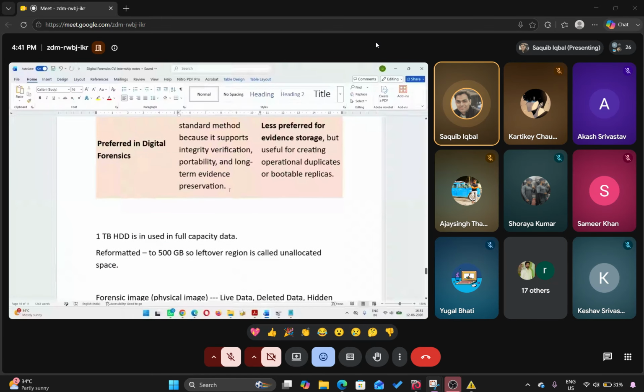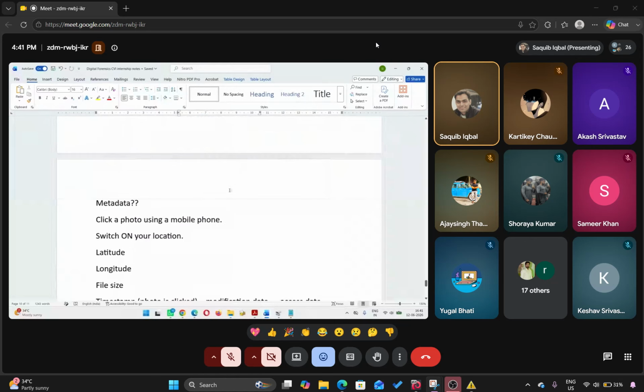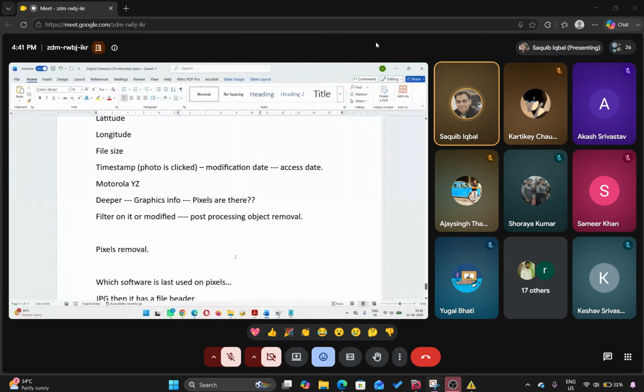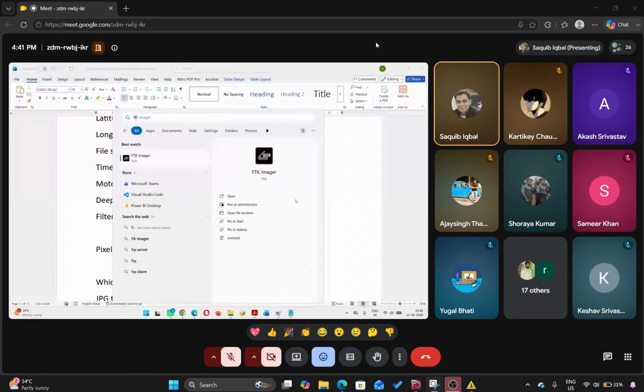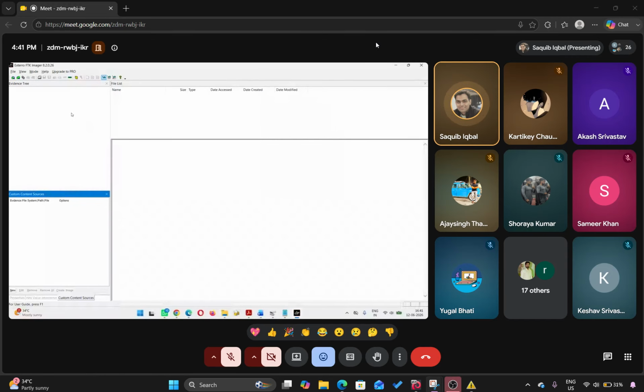Okay, preferred. I have already done it. So if you guys don't do the hands-on exercise, then what's the point of showing you how to do forensic image and forensic clone?